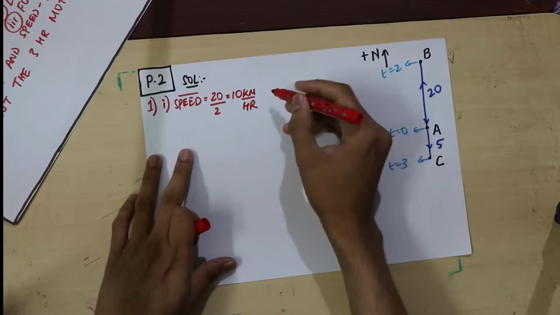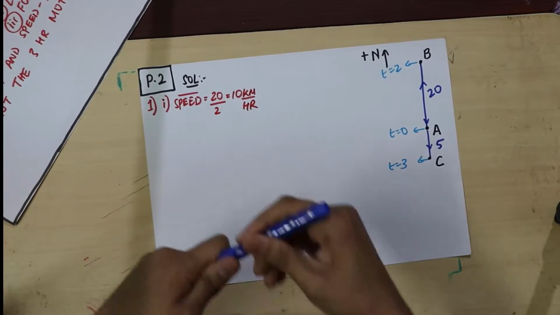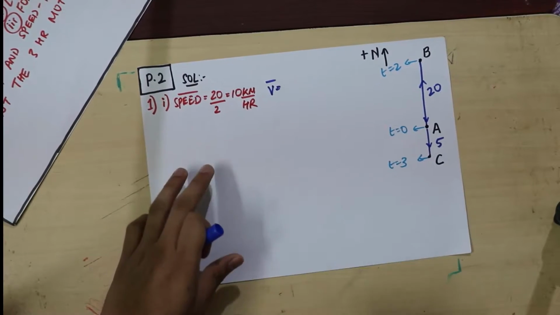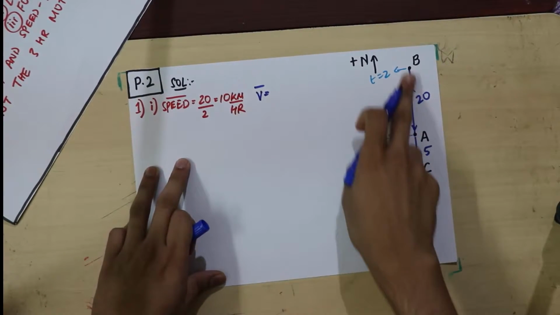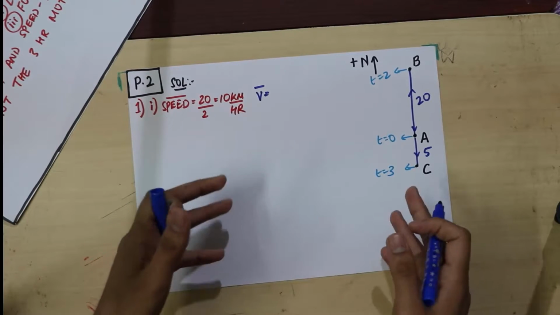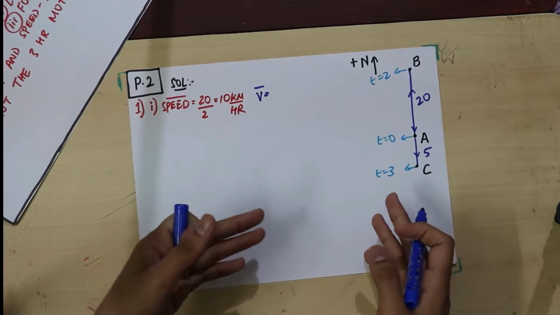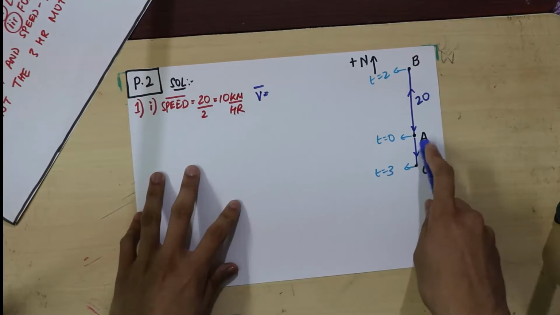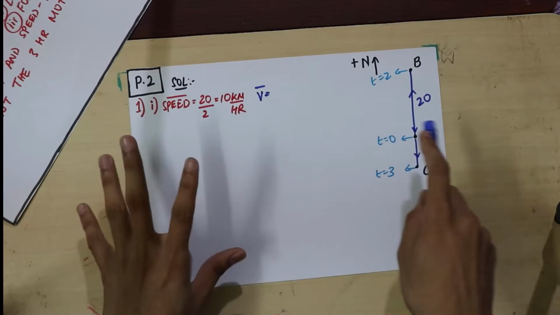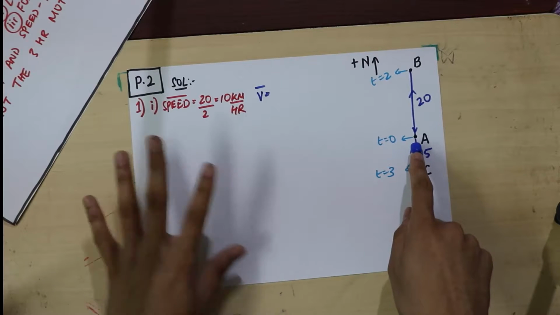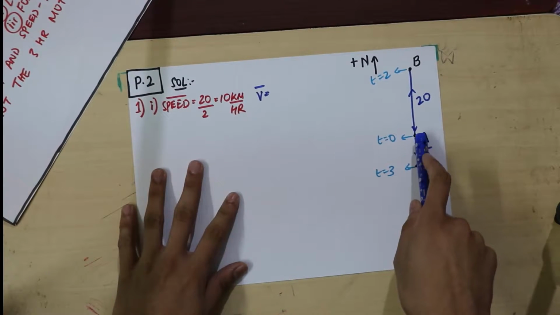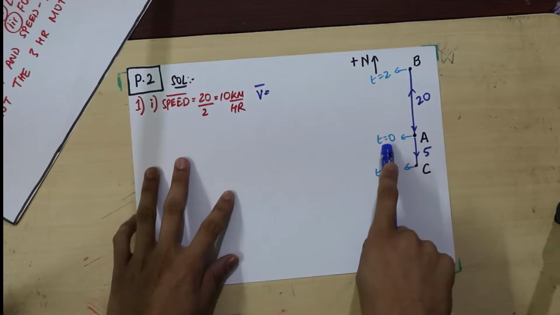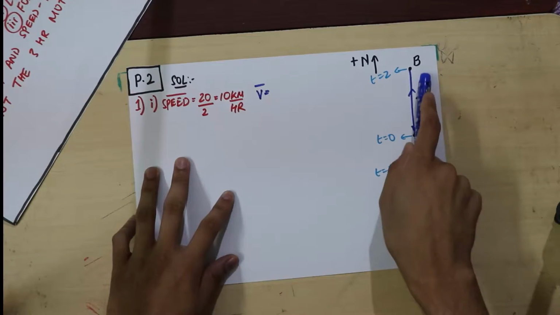But we need to also calculate the average velocity. Now, average velocity is displacement by time, and you would immediately see we need an axis for this. But we can do this even without an axis if we are careful about displacements. Forget about origin and everything. Let's just think about his displacement for the first 2 hours, where he was over here initially, and then he came over here.